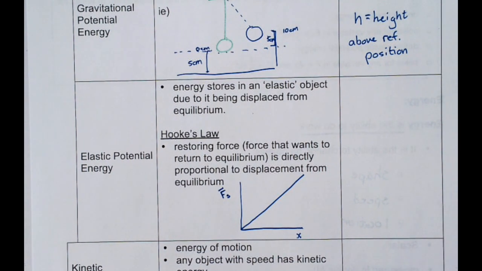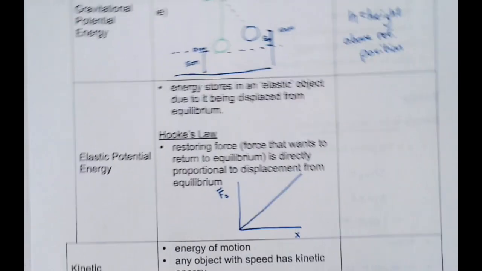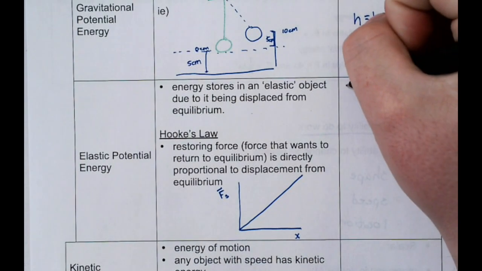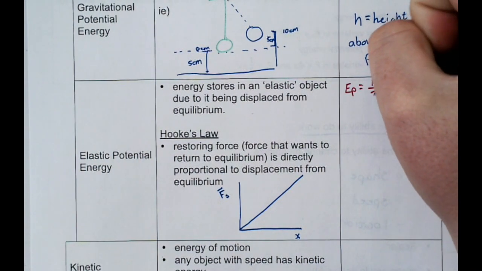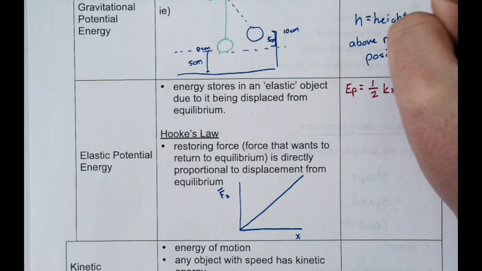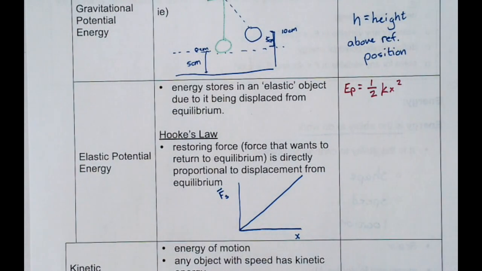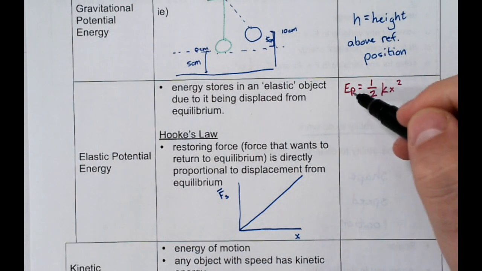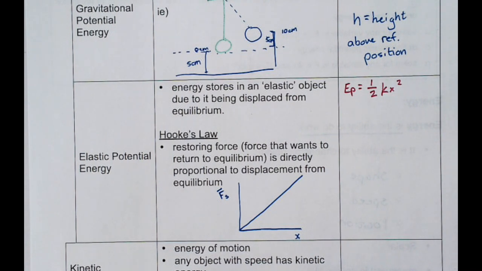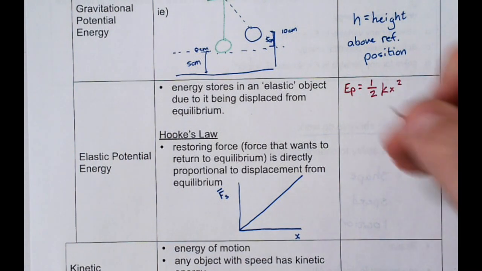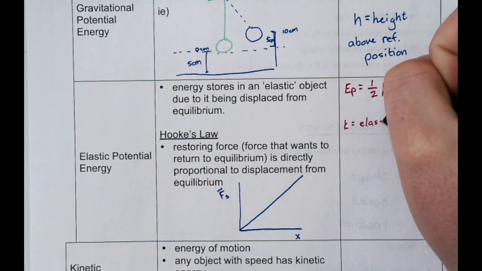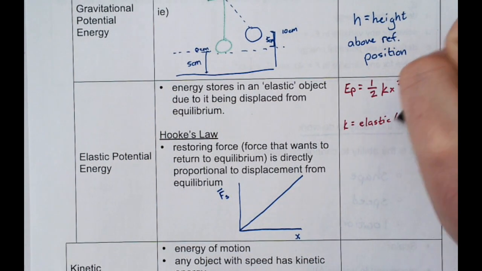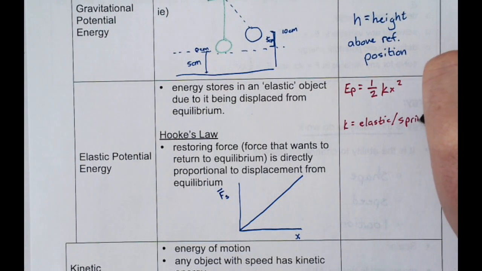So for elastic potential energy, the formula you're going to have is EP is equal to 1/2 kx squared. So EP again is going to be potential energy. What the k stands for is the elastic or spring constant.